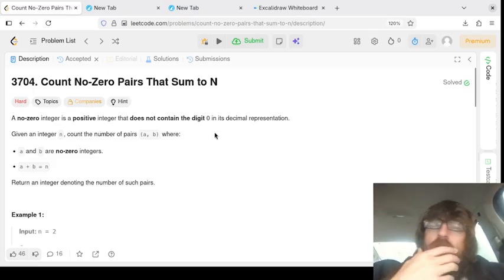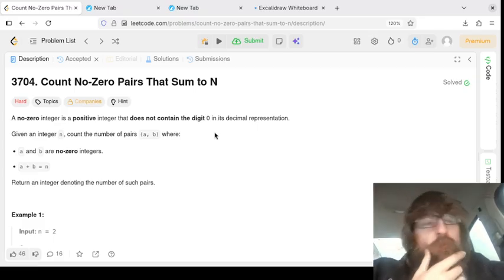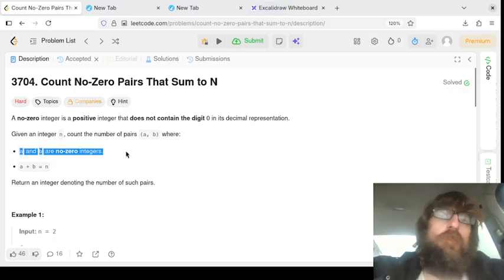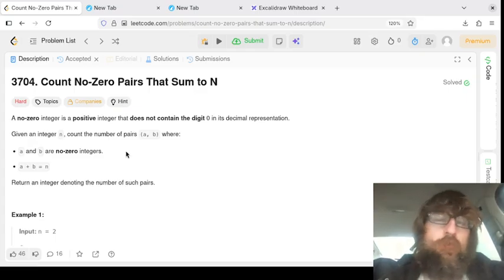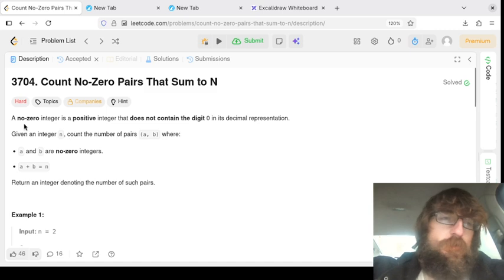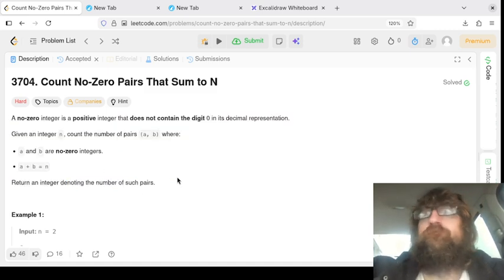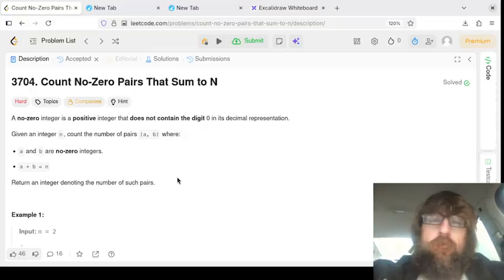So, what I have now. The initial thoughts were: let me try to figure out how many no zero integers there are that are less than n, and then maybe if I knew that it would help me calculate the number of pairs. As it turns out, that's not that helpful. The reason it's not that helpful is it's a bit complex.